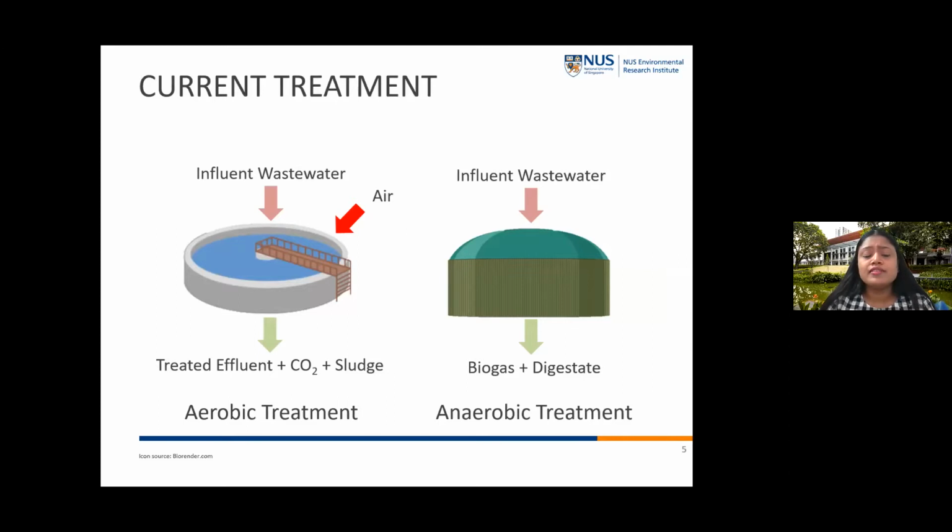Although this treatment quite efficiently breaks down the organic molecules, it cannot take up so much nitrogen and phosphorus, so the effluent that comes out of this treatment contains a significant amount of nitrogen and phosphorus. While microorganisms are breaking down the organic pollutants, they also release carbon dioxide. That's another negative point for this treatment method.